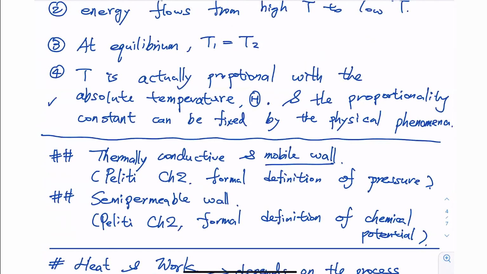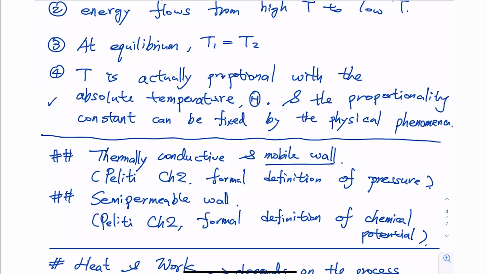But once you go through that, you'll find that this formal definition of pressure and chemical potential is somehow related to whether you are able to make a real connection with the absolute temperature. Once you make the connection with the absolute temperature, this T is physically meaningful.